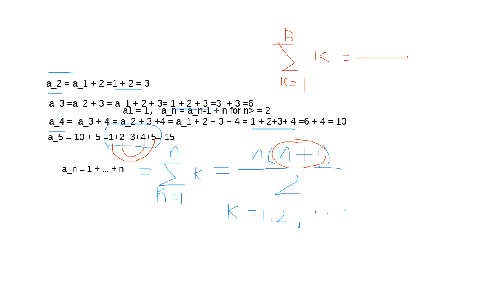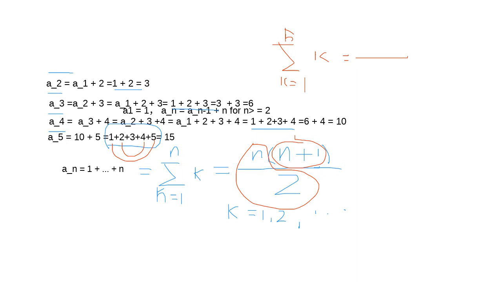So 1 plus 5, 2 plus 4. n divided by 2 is how many pairs we get, right? Because we pair each one, we pair the first one with the last one. So how do we get 15?